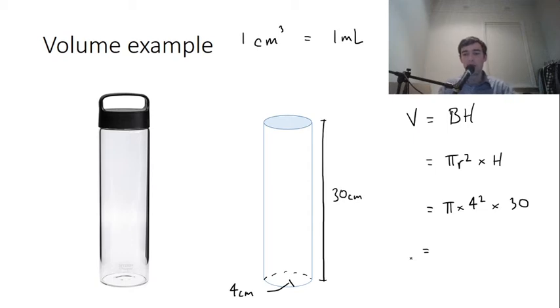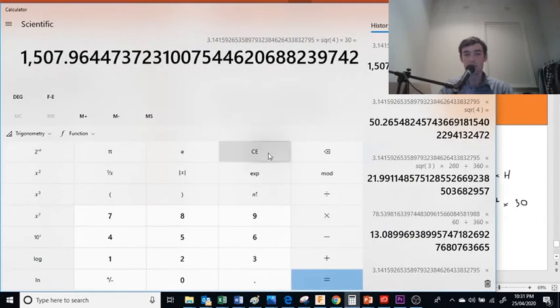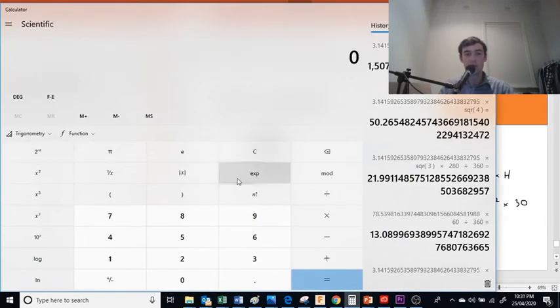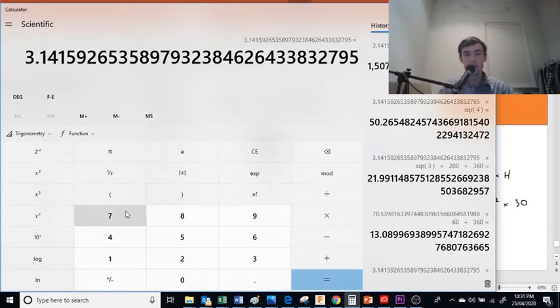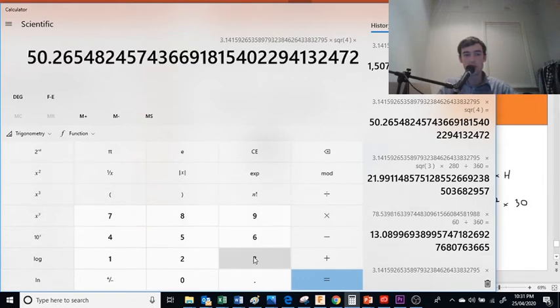Okay, now let's use a calculator to work that out, because we need pi from the calculator. So, pi times 4 squared, what was it, times 30.